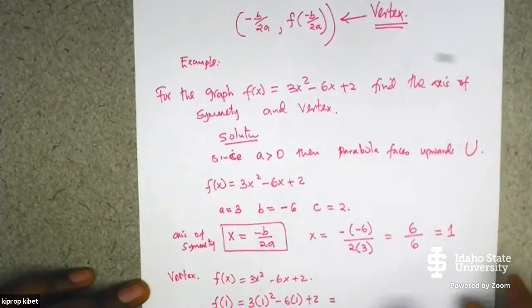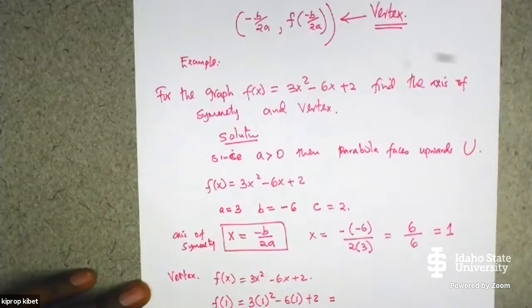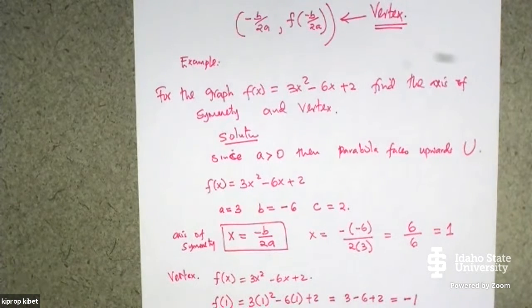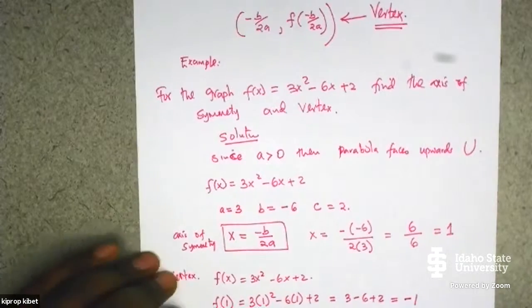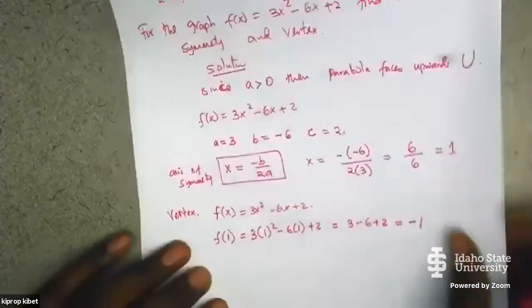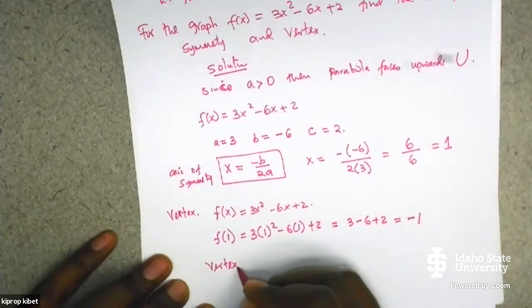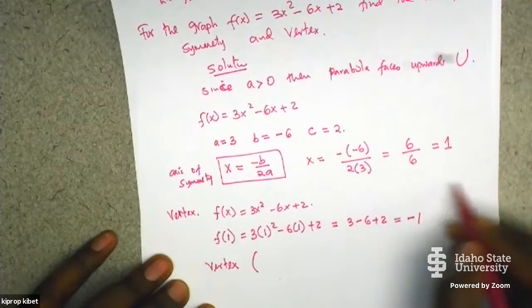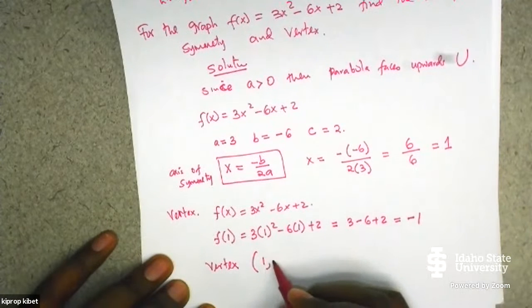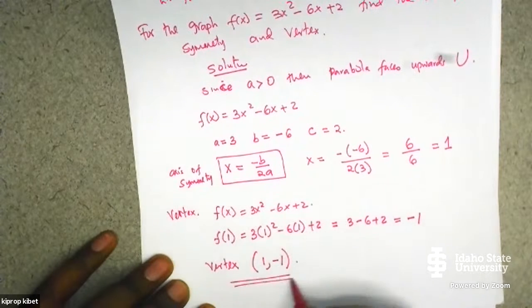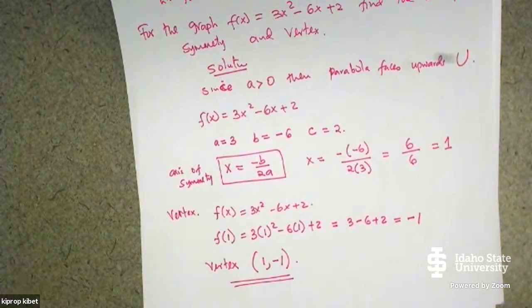This gives us 3 minus 6 plus 2, which is equal to minus 1. So our vertex in this case will be x and this, so 1 and minus 1. Any question? So that is our vertex.